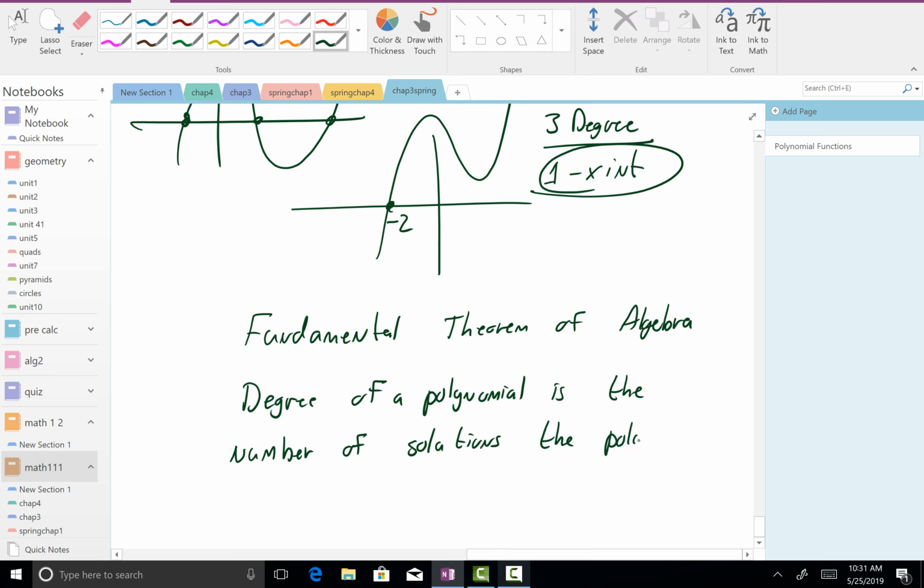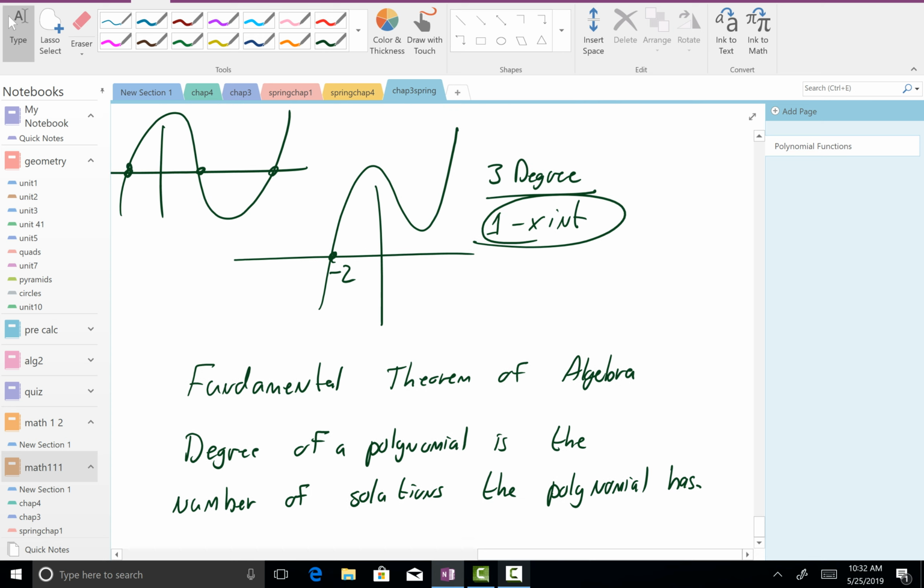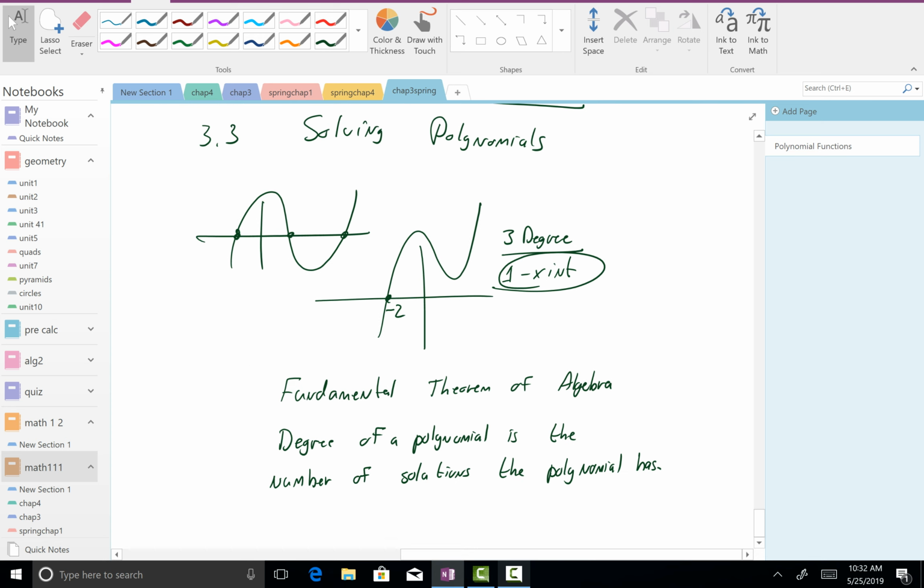So if I have a third degree polynomial, then I have 3 solutions. Not 3 real solutions, but 3 solutions. If I have a 4th degree, I have 4.